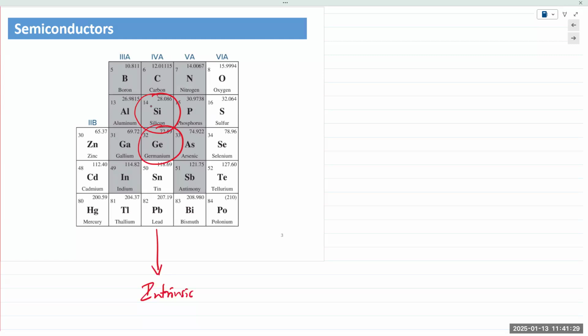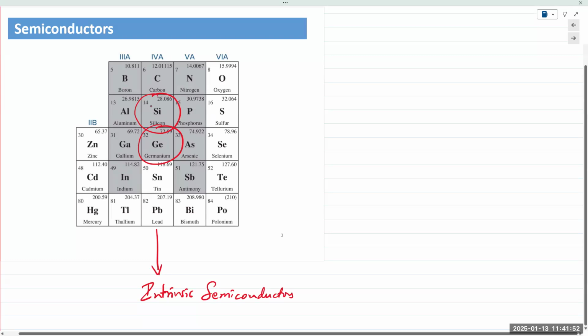If there is no movement, there is no charge flow, and if there's no charge flow, there is no current. Okay, so these are known as intrinsic semiconductors.